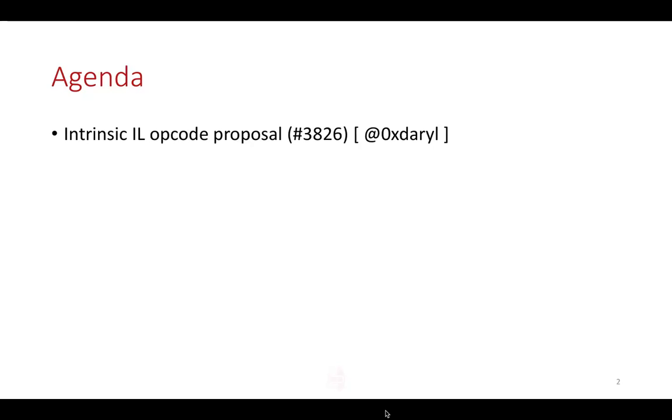And in that case, if you actually want to teach the optimizer about these other things, it makes sense to add it as an opcode. But if you just want something where you don't really care about the optimizer, you just want the optimizer to ignore it, having an intrinsic mechanism can make adding that kind of operation easier.